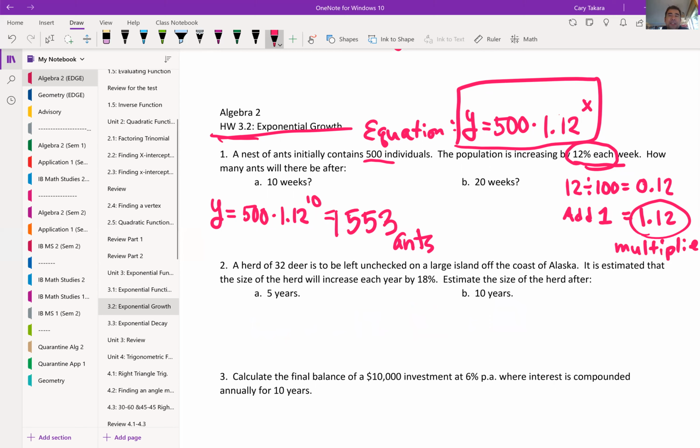Let's try 20 weeks. How many ants do you think we will have? So why don't you try that? So it will be, again, same thing, 500 times 1.12. This time it's the 20th week, okay? 20th power.